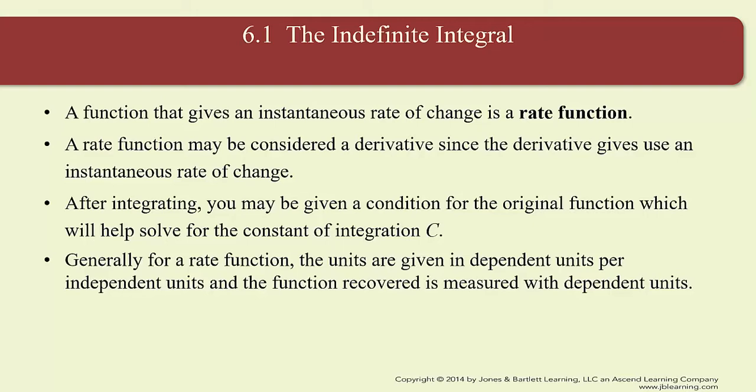And remember, in the interpretation, you had to have appropriate units like dollars per year, fish per year. Those are dependent units per independent units. Well, when we undo it, when we integrate the rate function, we're going to end up with just dependent units, like dollars or fish, for example.